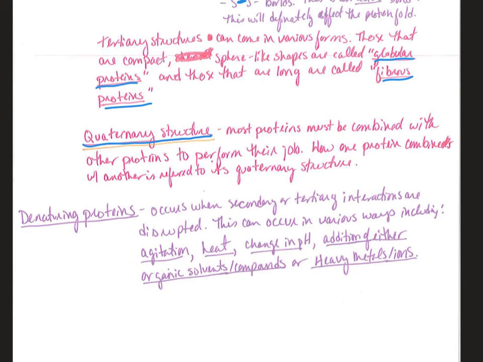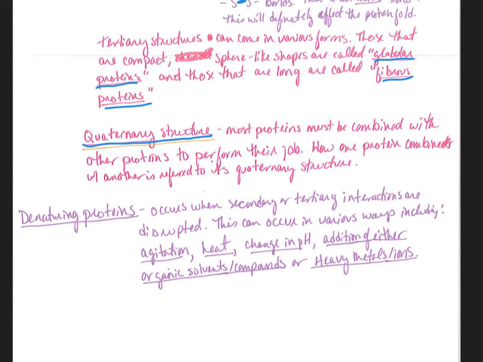Just like if you are trying to lift up a really heavy couch, you're going to need somebody else to help you. Proteins are built that way too. So quaternary structure has to do with how one protein interacts with another protein, because oftentimes two or more things have to come together to make a job happen. Okay, so that's what we're talking about with quaternary structure.